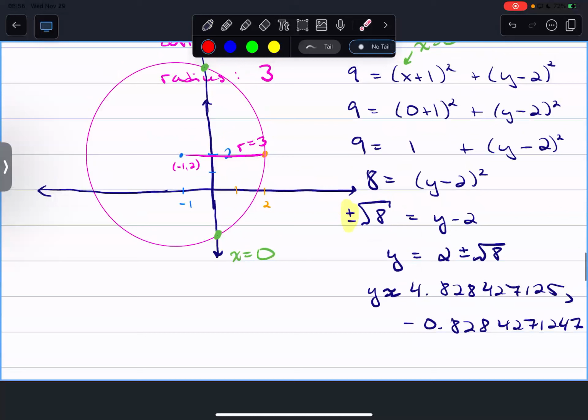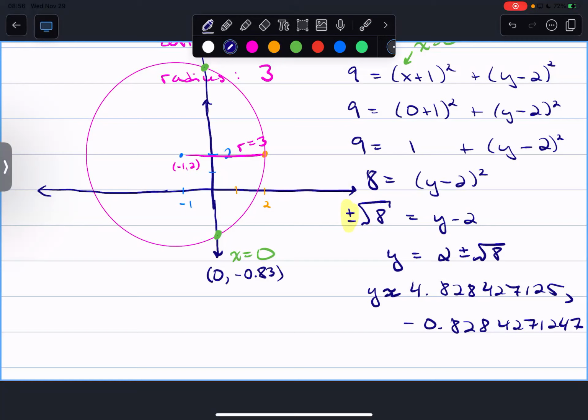Yeah. So these points then, right, we forced x to be 0, so I already know one of the coordinates is 0. And then this is my negative y. I can tell just because of where it is on our grid, right? And so I'm going to say negative 0.83. Let's go really crazy.